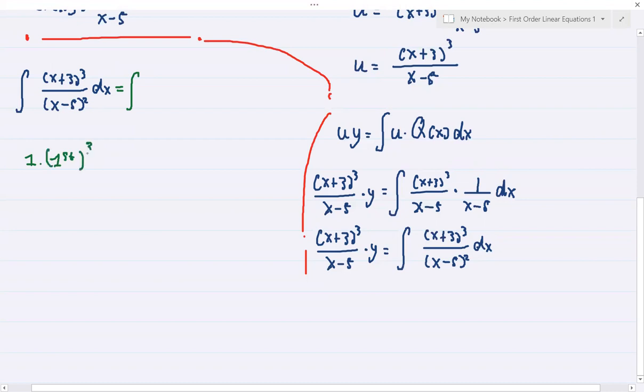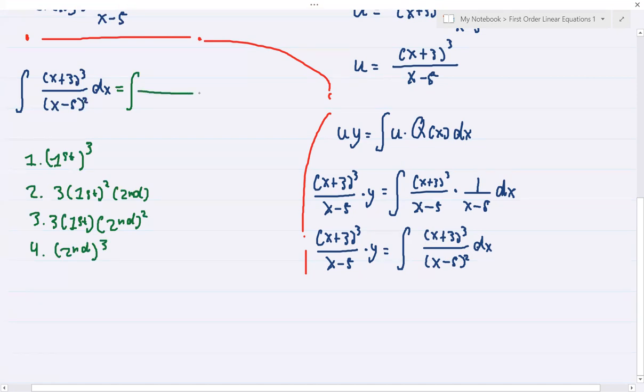Then the second step is you're going to have 3 times the square of your first term times the second term. Then your third step is 3 times your first term times the square of your second term. And lastly, your last step is you're going to cube the last term.